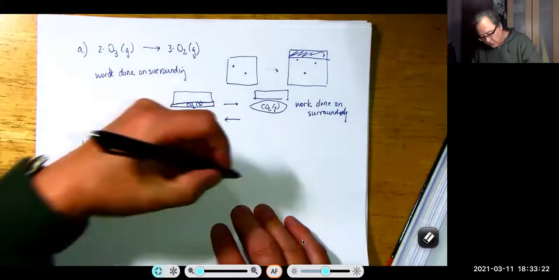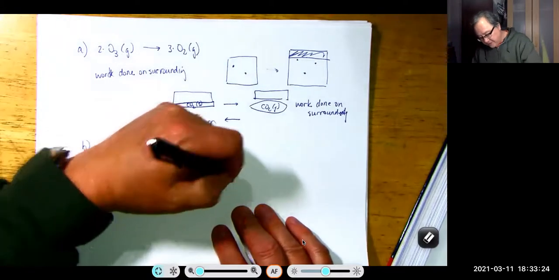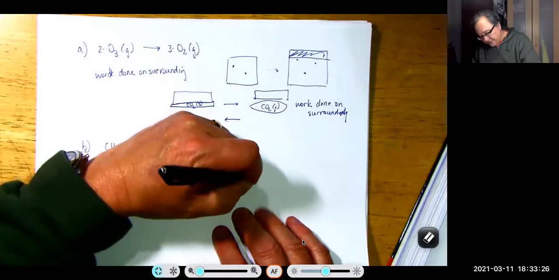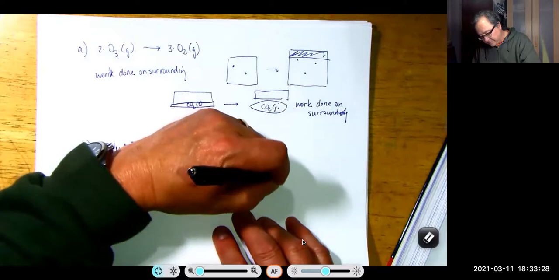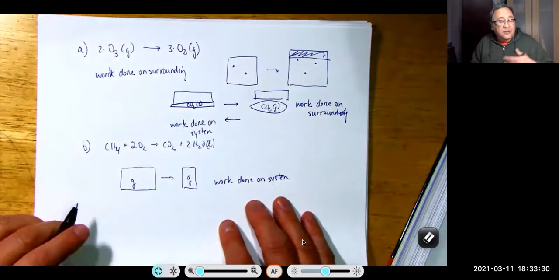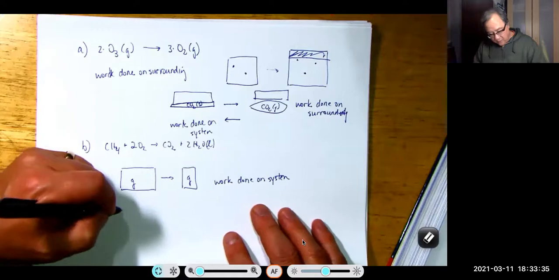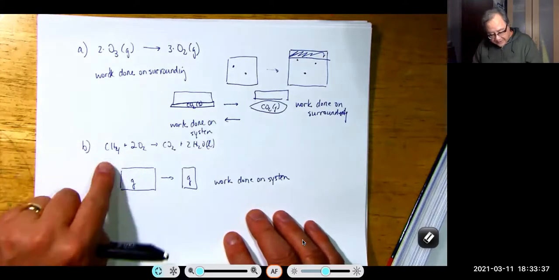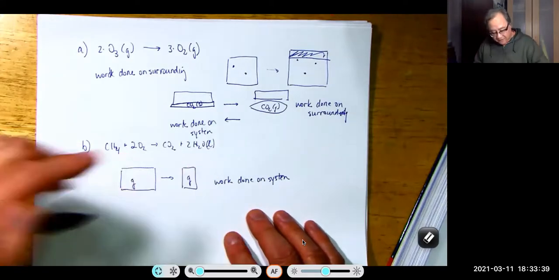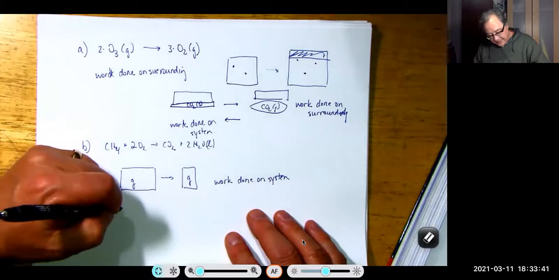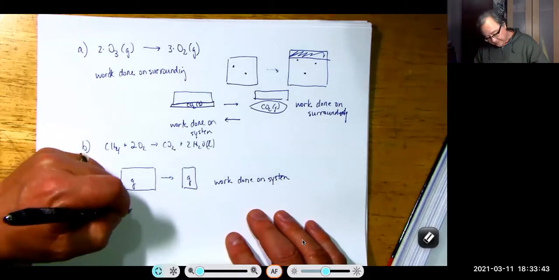So this means work is done on the system. So that means energy is going into the system. But on the other hand, this is a reaction that gives off energy. It has heat as a product.